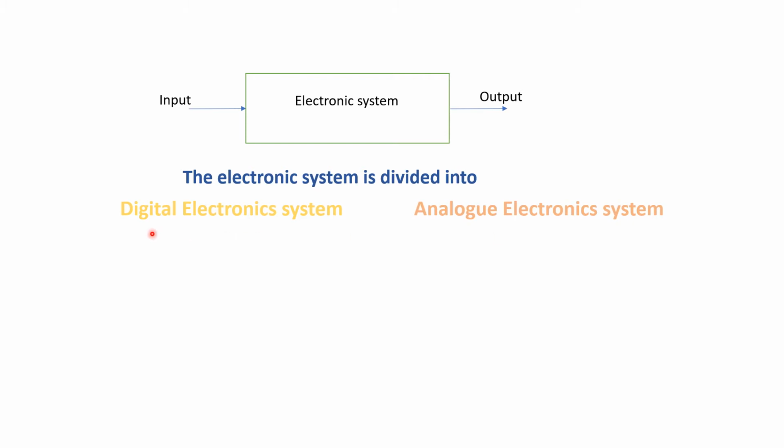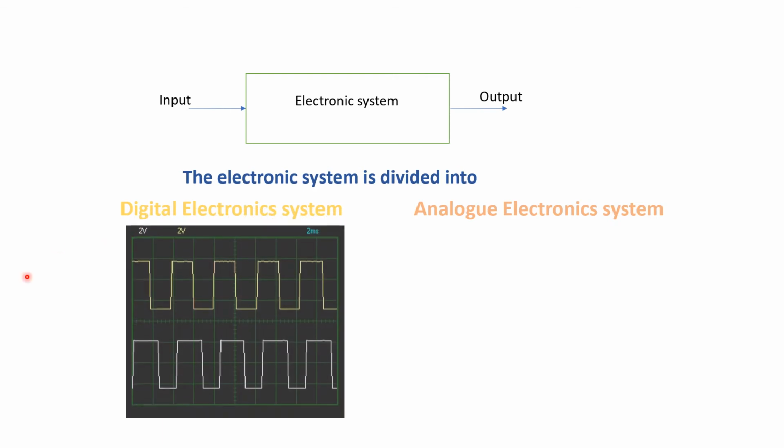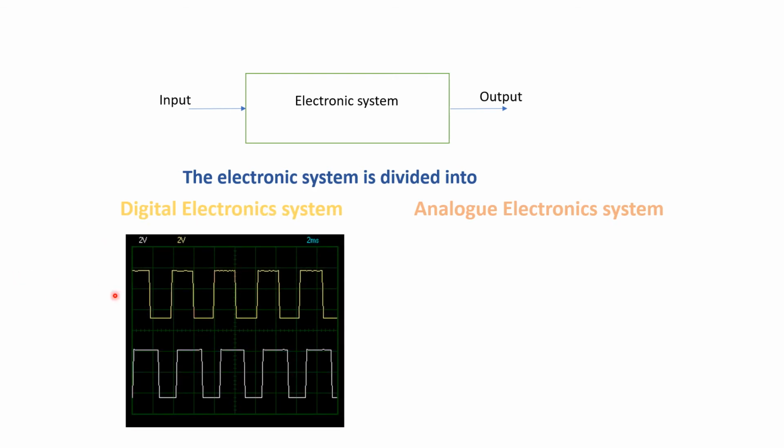If you look at this digital electronic system, the characteristics will look something like this. To understand this, let's take the example of an LED. Let's consider this yellow waveform is the input and this white waveform is the output. Whenever we provide supply, the LED will produce light, and whenever we turn off the supply, the LED will turn off the light.